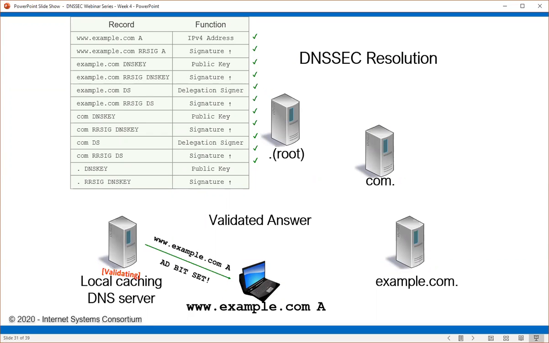So now if someone goes out to example.com and looks for ftp.example.com, they're going to get back the ftp.example.com A record and the signature on it. The server already knows the DNS keys and all of the validity chain upwards, so we're going to be able to do that validation immediately and give the answer back almost as fast as a non-DNSSEC lookup.